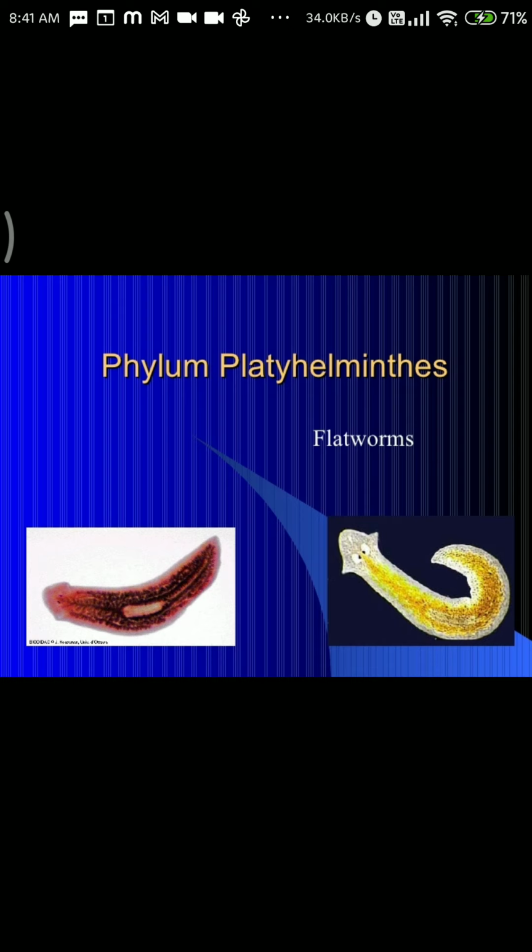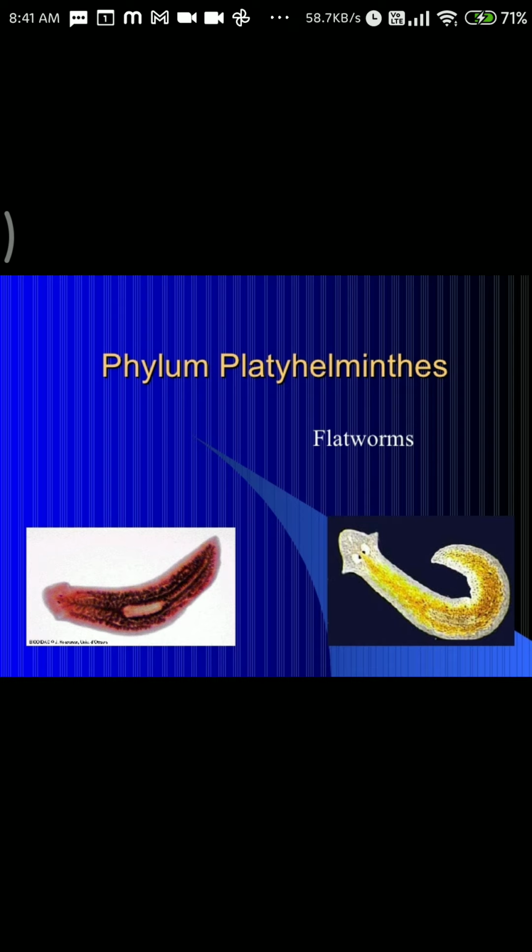It is flattened, ribbon-like, or you can say leaf-like. They are flat and the body is soft. They are parasites of human beings or animals, means they live in the intestine of human beings. So they are parasites.